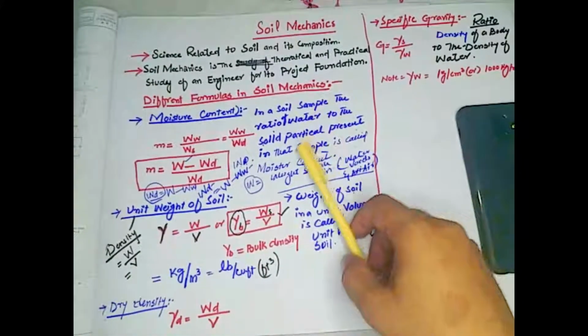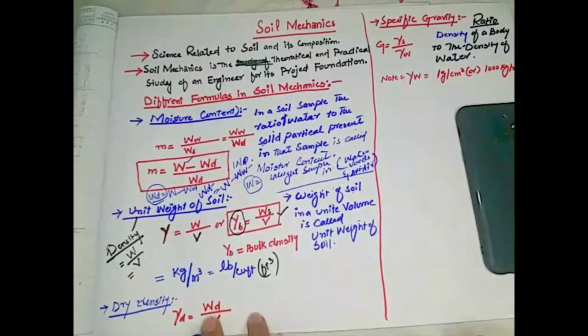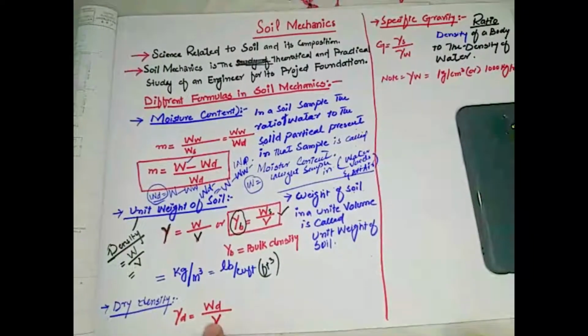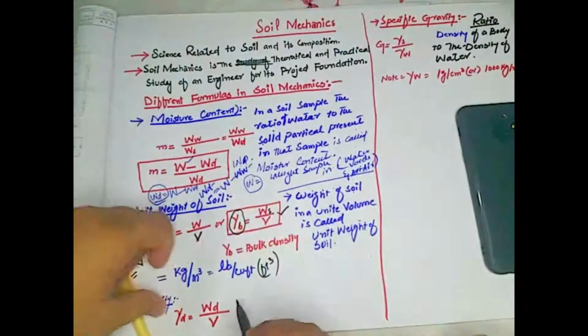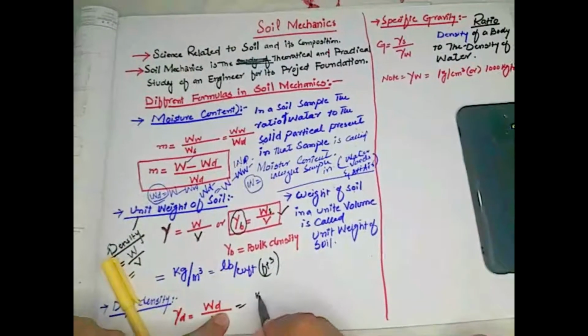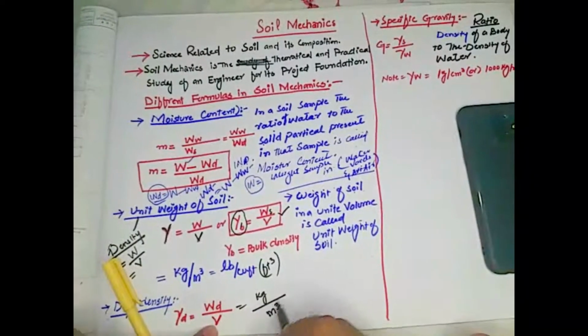The third formula commonly used is dry density. The dry density is the dry weight of a matter divided by volume. We know weight is in kg and volume in cubic meter.